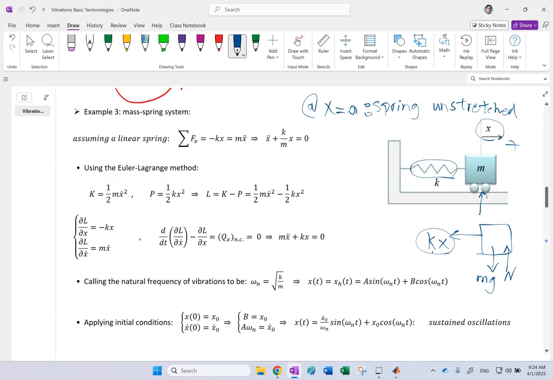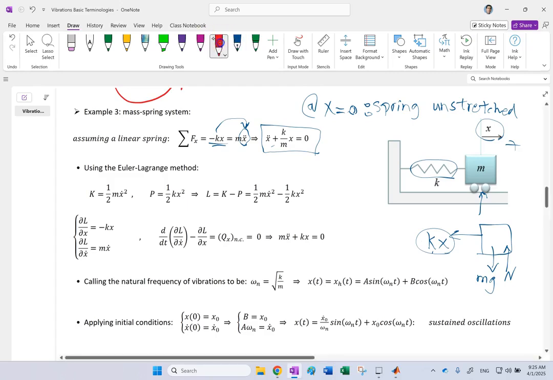So if you write the Newton equation, sum Fx equals m ax, ax is x double dot, and the sum of forces in x is negative kx. So bring this to the other side, divide by m, and this is your governing equation. Again, second order linear ODE with constant coefficients, very similar to the pendulum, right? So that is your governing equation.